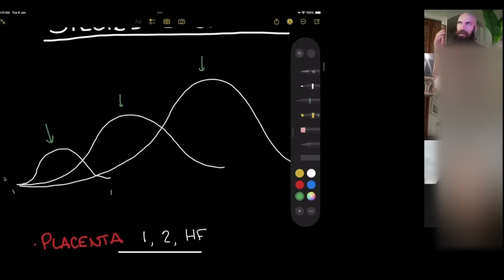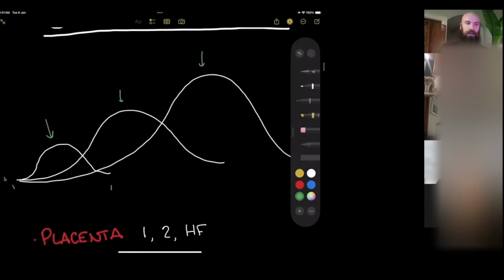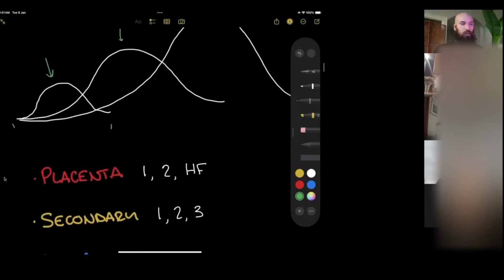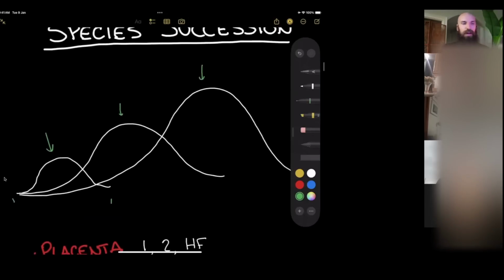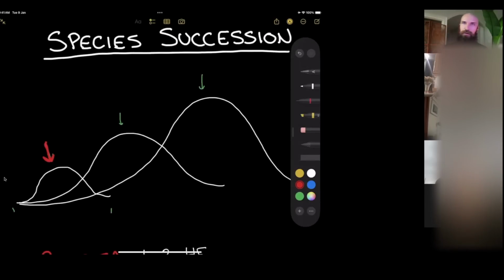You can very simply organize this into 3 different categories. In agroforestry, they're called placenta, secondary, and climax. If we bounce back up here, that first one is our placenta stage. Placenta, as in the very first stage. It almost contains and gives life to what is to come. We all came from that.